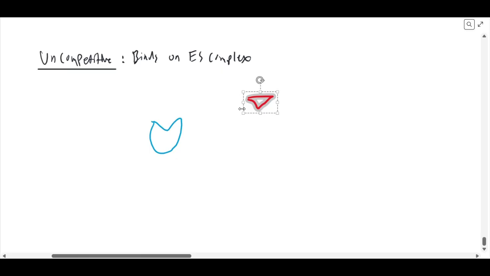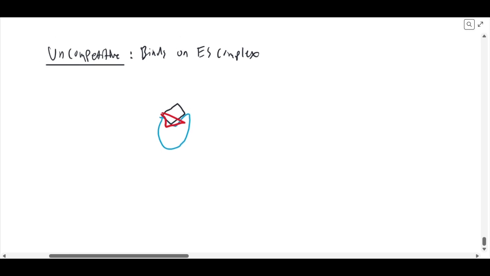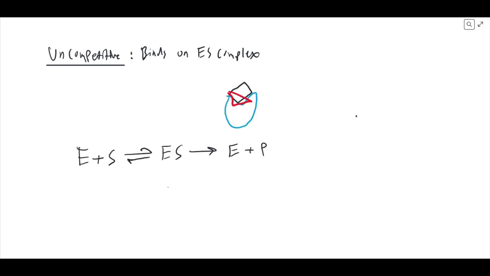So basically here we could have our substrate binding to our enzyme along with our inhibitor binding somewhere along the way, either directly right here, here, or right here. But either way, whatever happens, we know that the substrate and the enzyme are bound together anyways. It is only the enzyme substrate complex that's being inhibited.